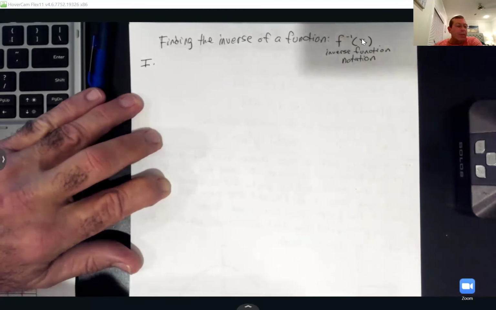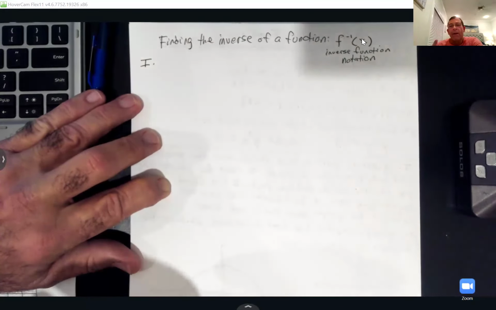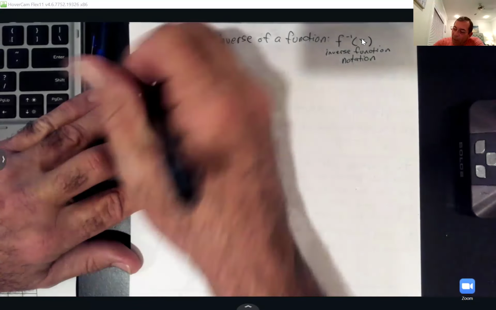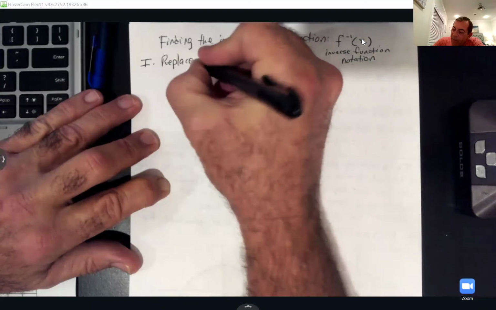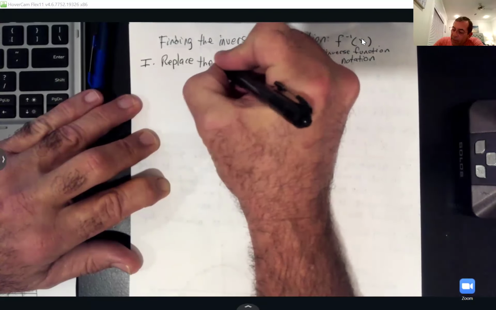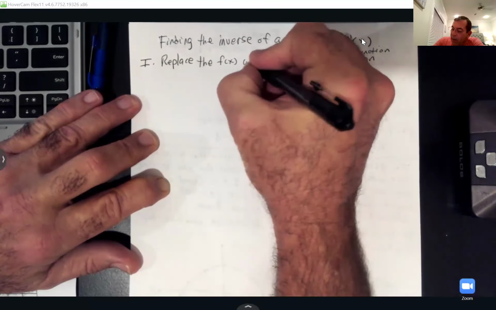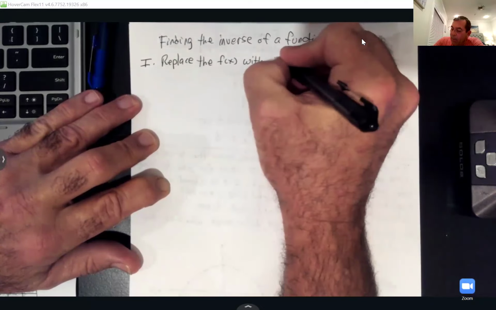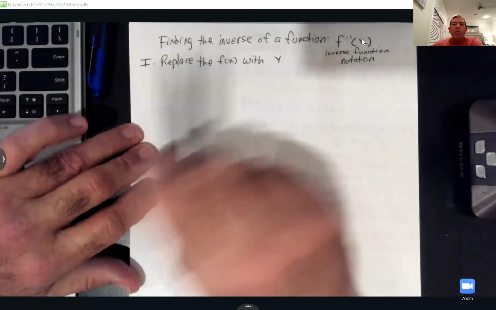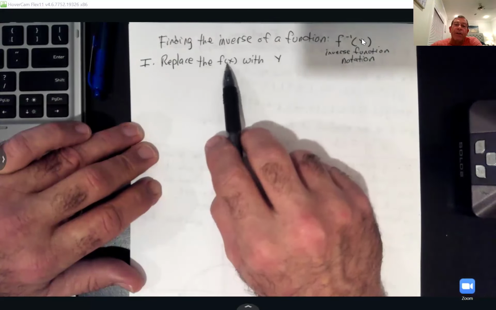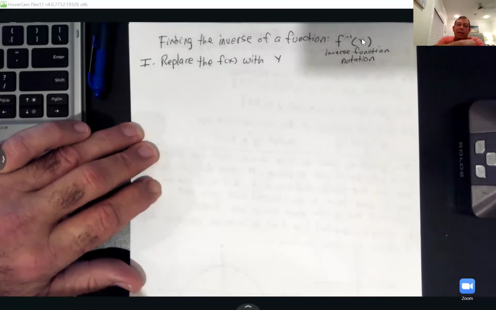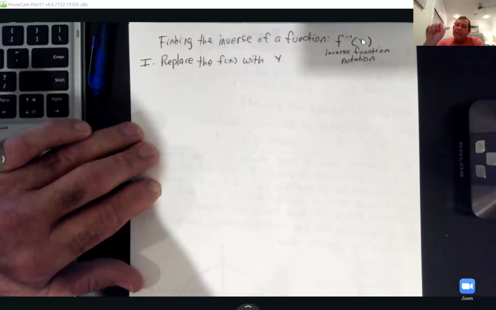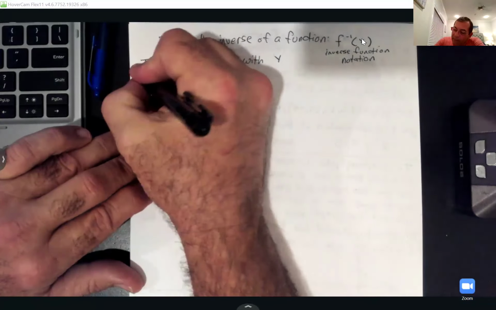Here's going to be your steps to finding that inverse. The first thing we do, we're going to replace the f of x with a y. Because remember, f of x and y are the same thing. This is just function notation, and this is pretty much the variable notation of it, okay? So we're going to replace that f of x with that y.